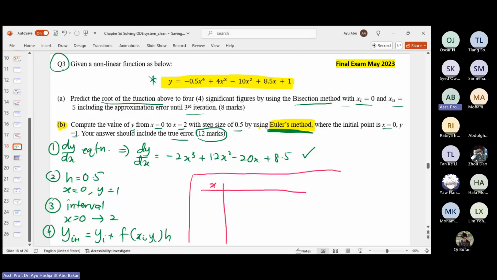Identify your x first, starting from 0 until 2 with the step size of 0.5. So 0, 0.5, 1, 1.5, 2. That is your point.